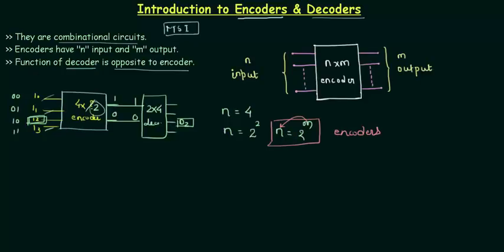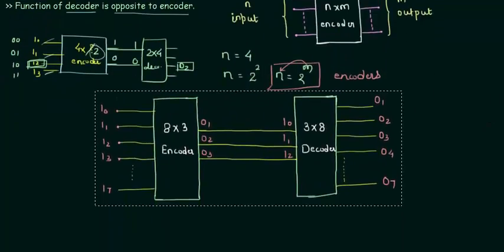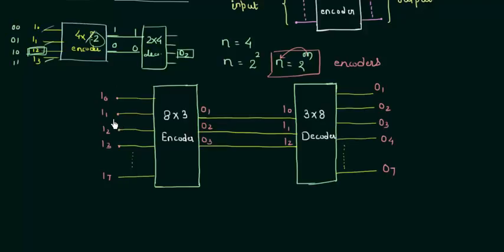So let's take an example in which I have an 8 cross 3 encoder and a 3 cross 8 decoder. In this we have 8 inputs, and because of 8 inputs, the value of output will be 3, because we just figured out that if n is equal to 8, which can be written as 2 to the power m, then m will be equal to 3. Fine, and instead of sending 8 data lines, we will send only 3 data lines. This is the advantage of the encoder.